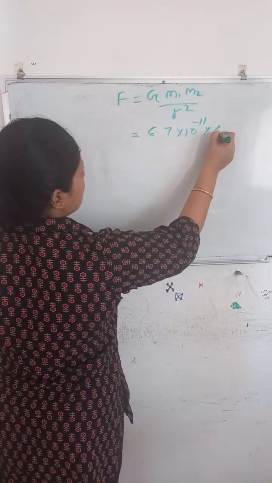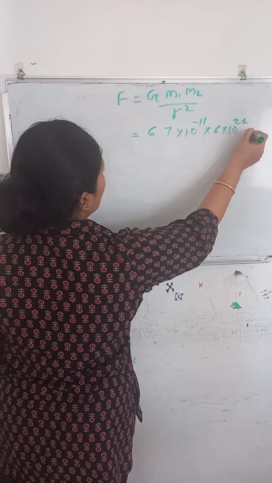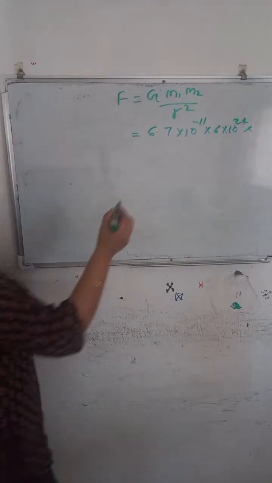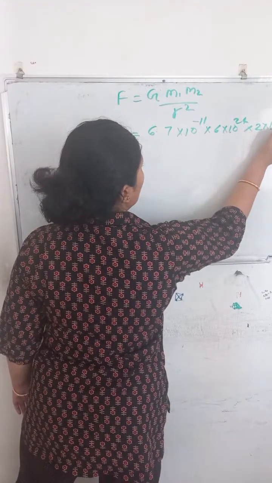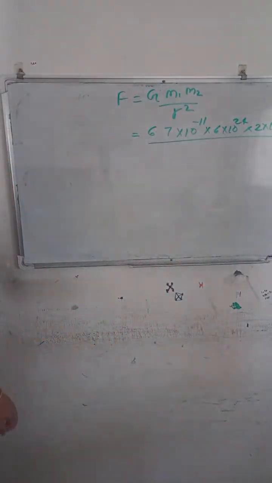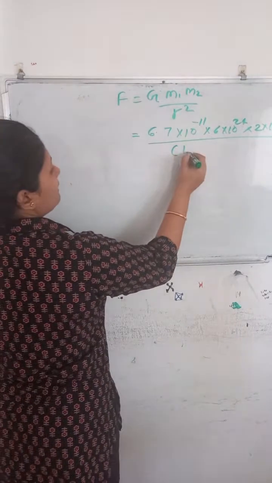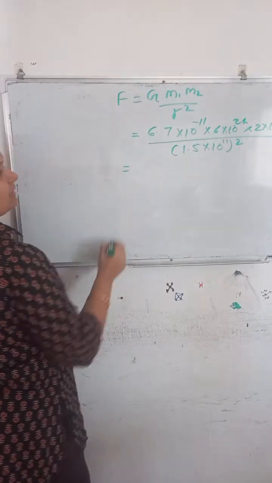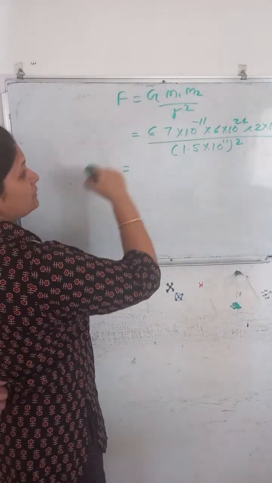So mass of the sun and mass of the earth is also given. This is 6 into 10 raised to 24, and mass of the sun is 2 into 10 raised to 30, and the distance given between them is 1.5 into 10 raised to 11 meter. So here 1.5 into 10 raised to 11 whole square.